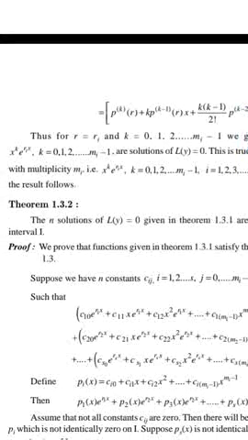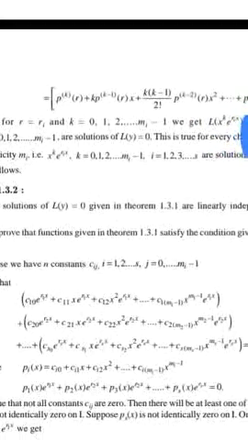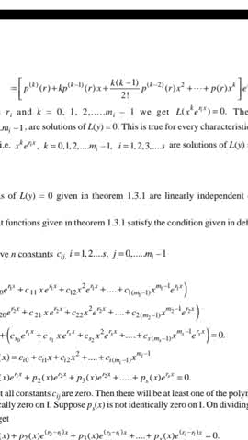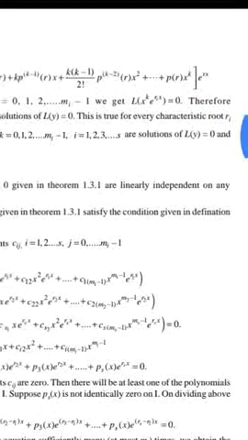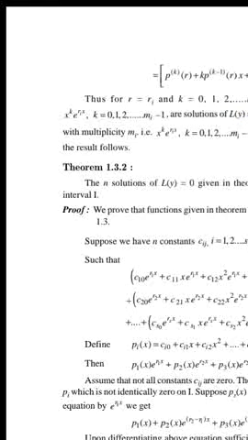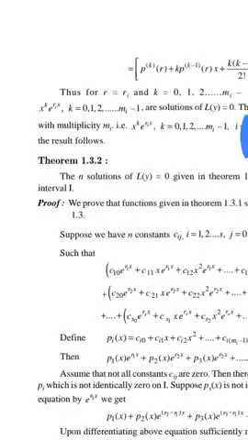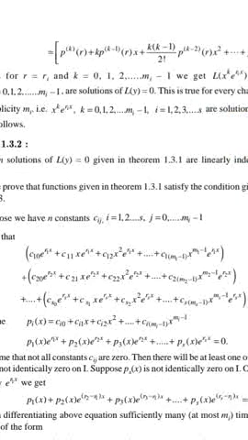Thus, for R is equal to Ri and k is equal to 0, 1, 2, 3, dot dot, mi minus 1, we get L of x raised to k e raised to Rix is equal to 0. Therefore, x raised to k e raised to Rix is a solution of L of y is equal to 0.